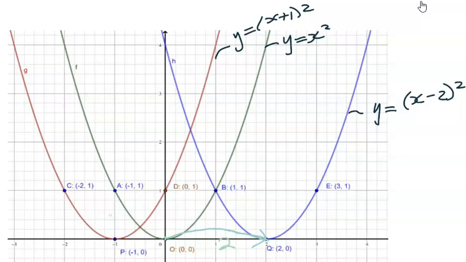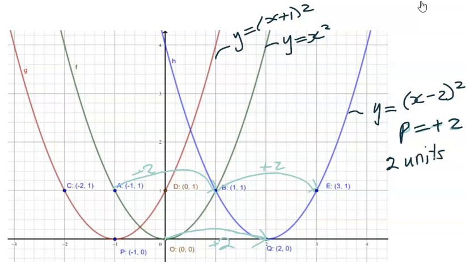From A to our next point, which coincidentally intersects with the mother graph, there's 2 units. And if I take my point B and I move it to the next point there, that's also 2 units. In this case, my p is equal to plus 2, so we've moved 2 units to the right.